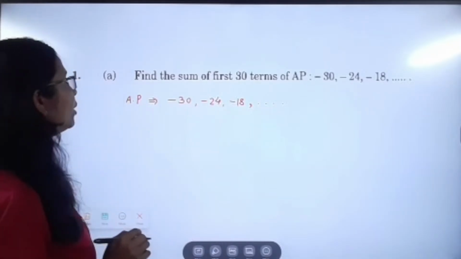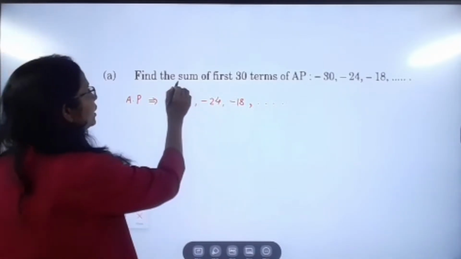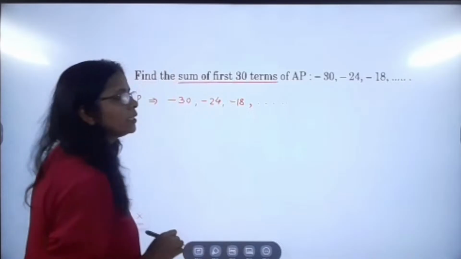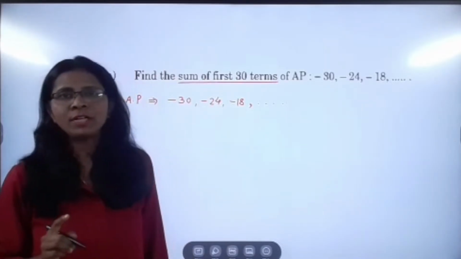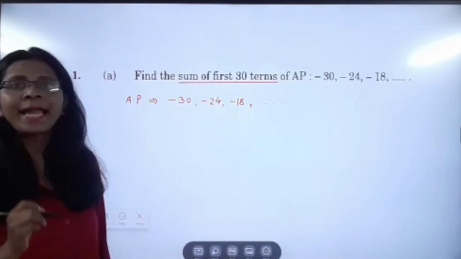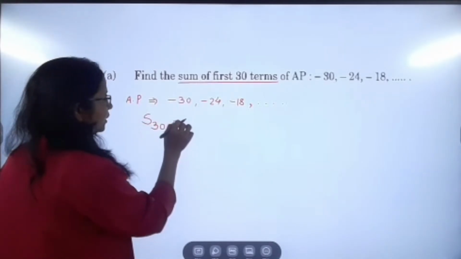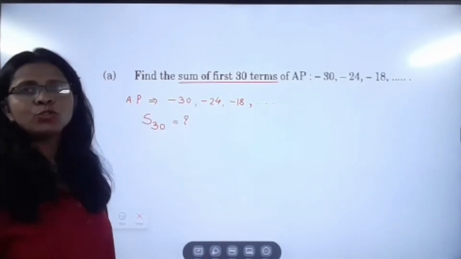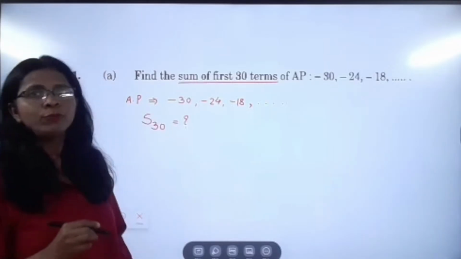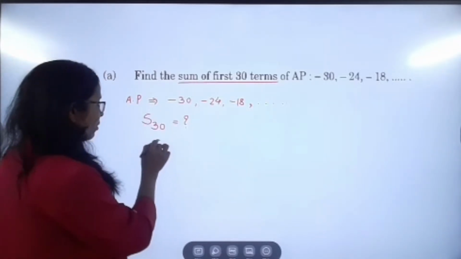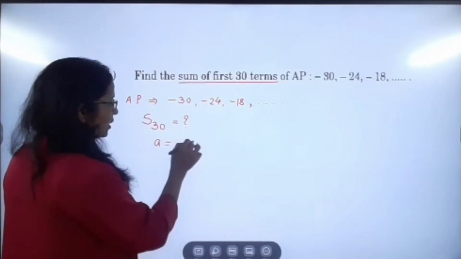We have to find the sum of the first 30 terms, that means we have to calculate S30.